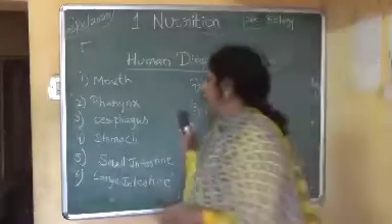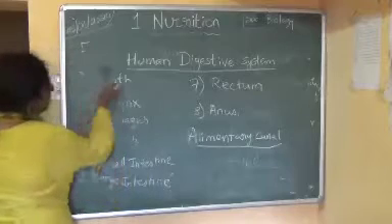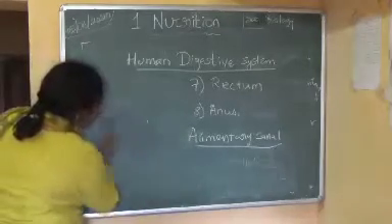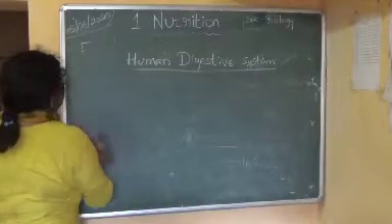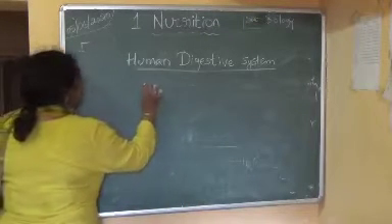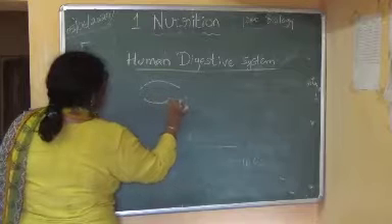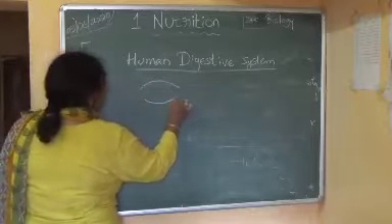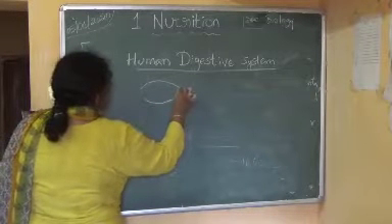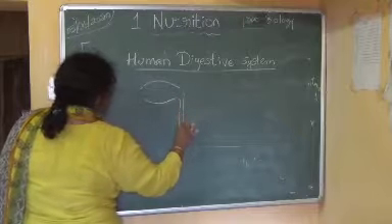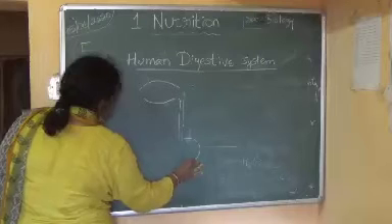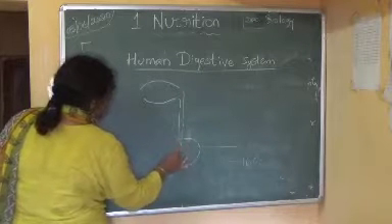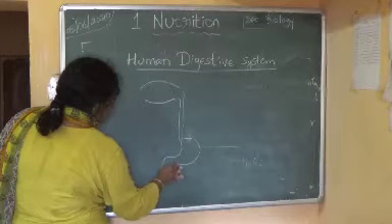Now we will see the diagram of the human alimentary canal. This is a rough diagram. Mouth. From the mouth you will start. Esophagus. Then stomach.